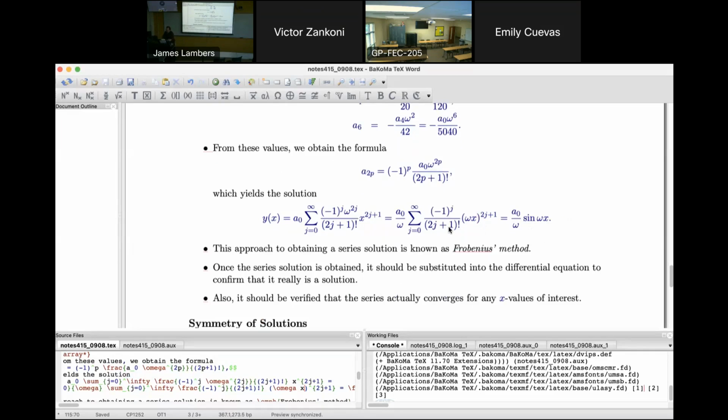But there are some that have a finite radius of convergence. They only converge for x within a certain interval centered at x naught. That's something to be mindful of. But if it doesn't converge, then it's not exactly a viable solution.